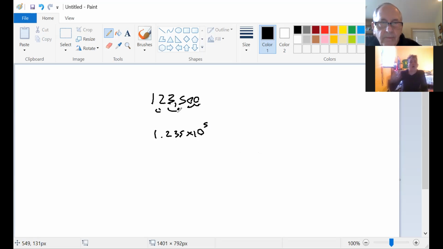And the other one is going backwards, right? If you had a negative exponent. Let's do it like this. If I had this and I said give me standard notation, I'd move the decimal place to the left 3 places.